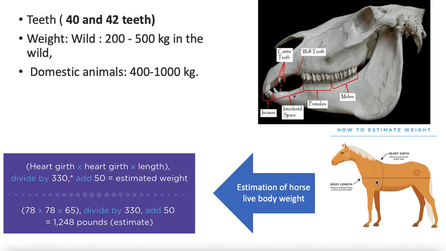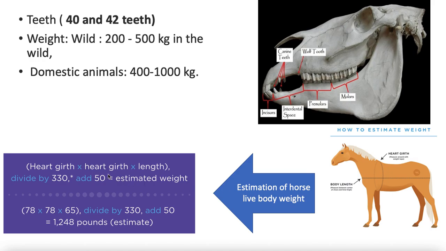meaning the circumference of the horse, which is taken at this location behind the forelimbs. We can use a measuring tape for both the heart girth as well as the body length.